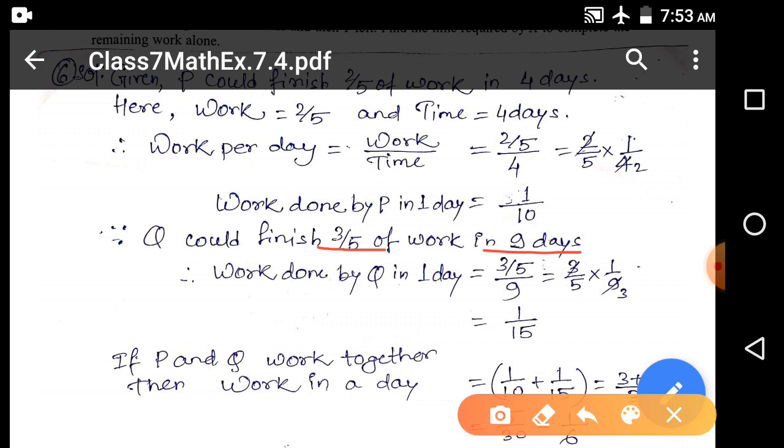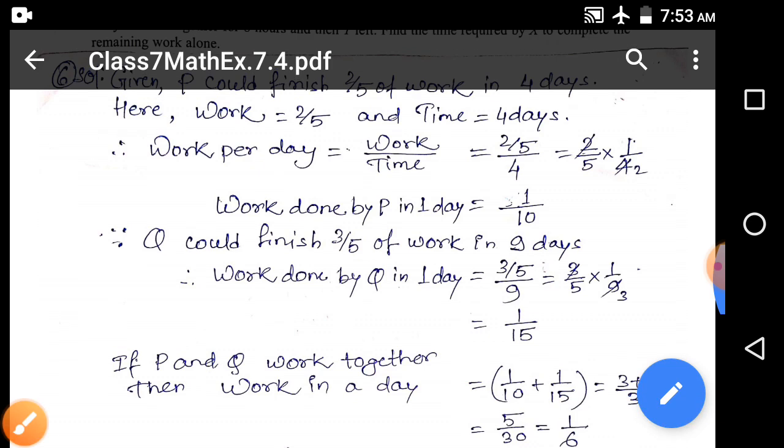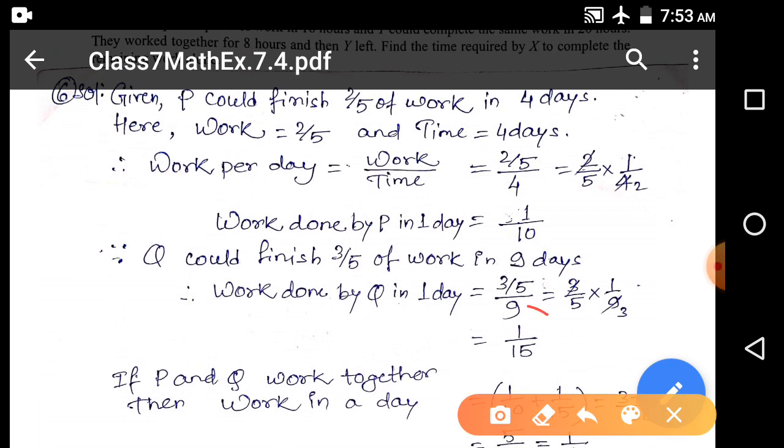So the work done by Q in 1 day is work by time. 3 by 5 is the work as given here, and 9 is the time. After solving this we get 1 by 15 part of the work is done by Q in 1 day. So this is work per unit day.